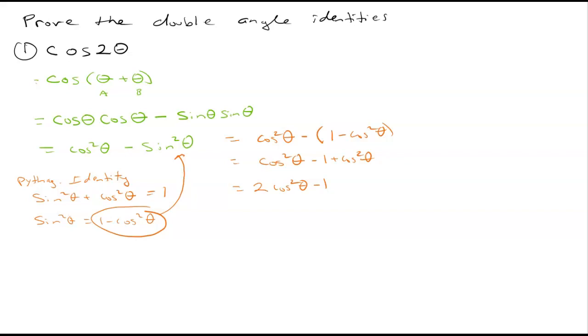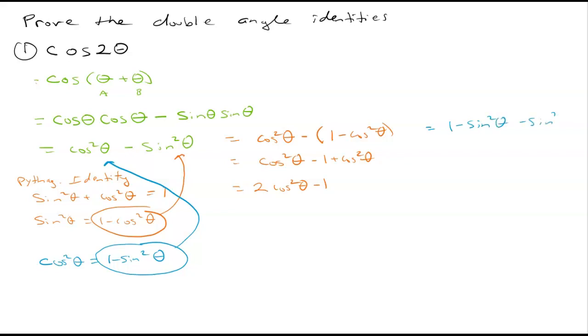What else could I do? Well, with my Pythagorean identity, I could also have said that cosine squared of theta is really 1 minus sine squared of theta. So what happens if I replace this in for this instead? It would be 1 minus sine squared of theta minus sine squared of theta.